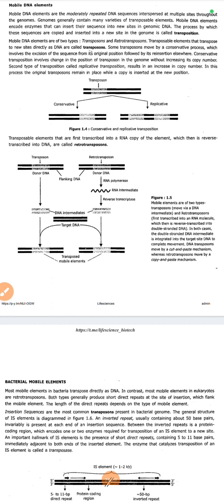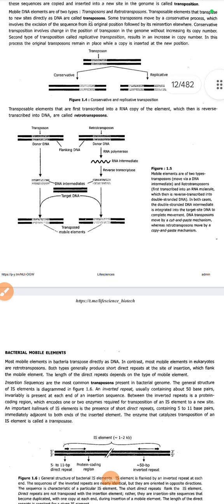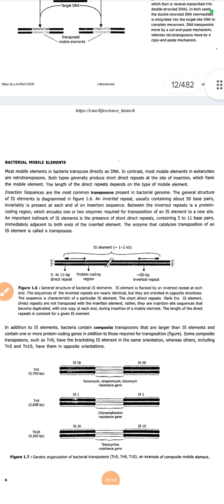In both cases, the double stranded DNA intermediate is integrated into the target site of the DNA to complete the movement. DNA is the one which will move, by a cut-paste or a copy-paste mechanism, whether it is a transposon or a retrotransposon.